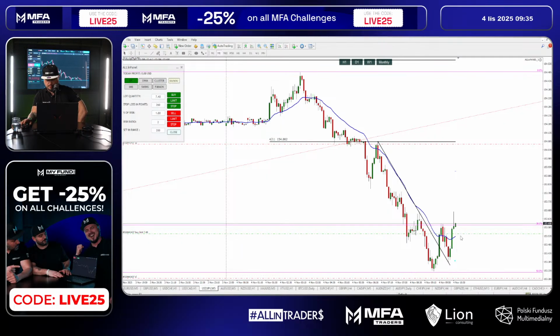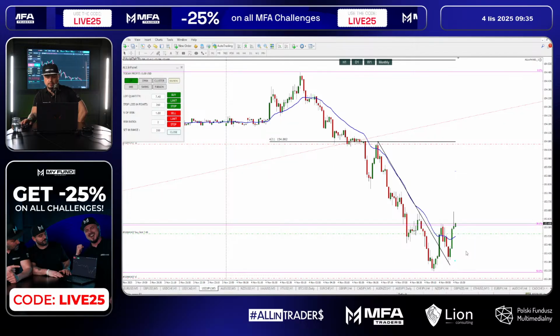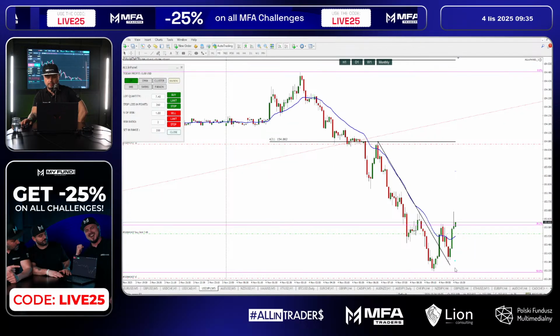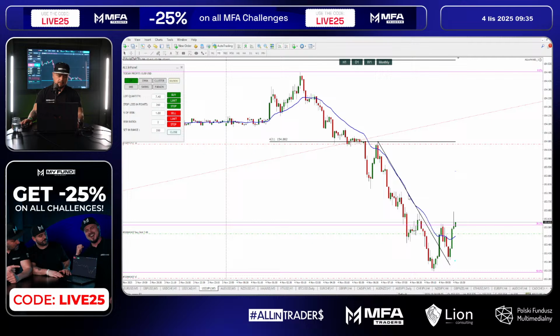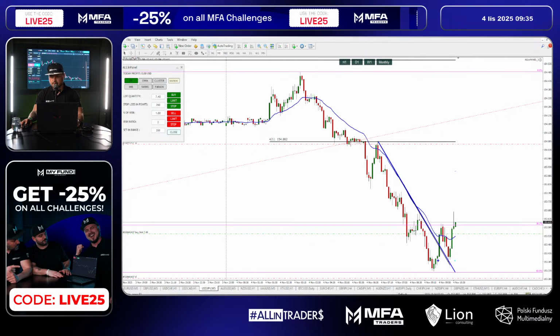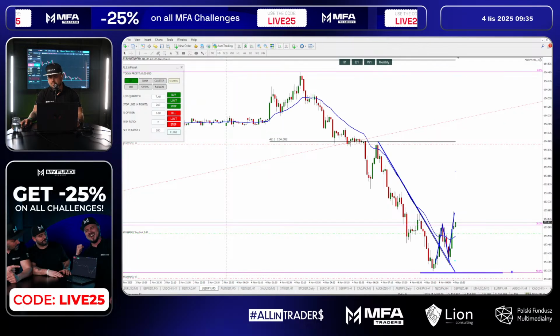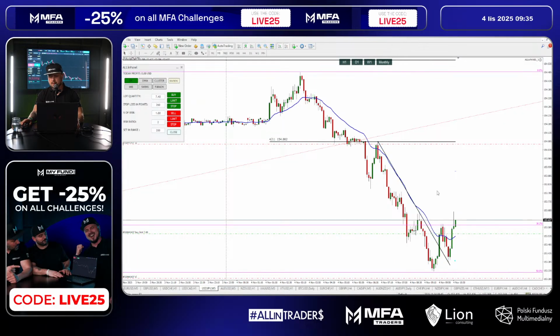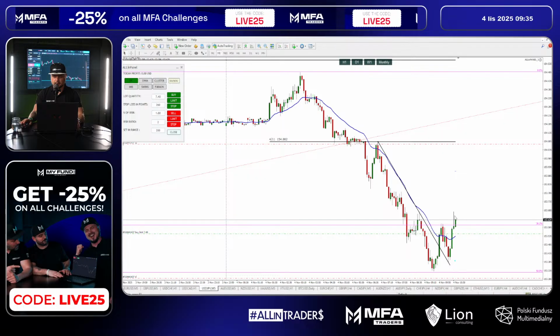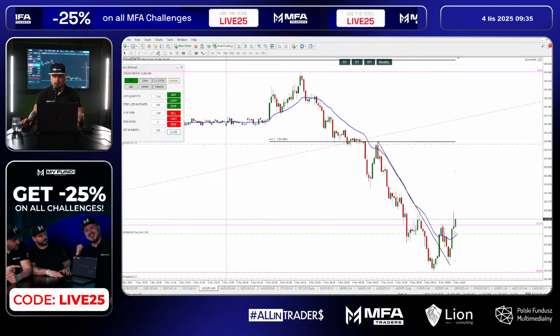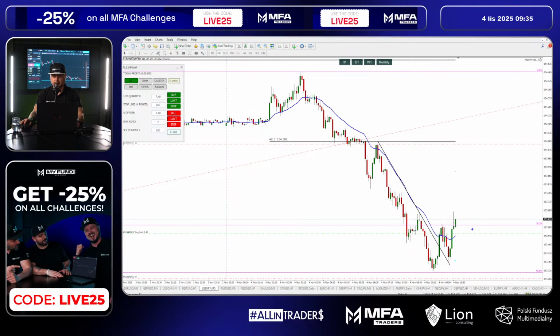Need to just come back down a little bit. I want to have a better entry. We got this support line over here, trend line. We got a breakout. We got a retest of this trend line, and also a perfect reaction at 50% of the move. So enter a position basically over here.